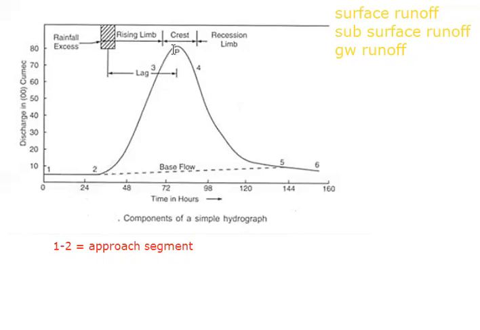So this 2 and P is your total rising limb.